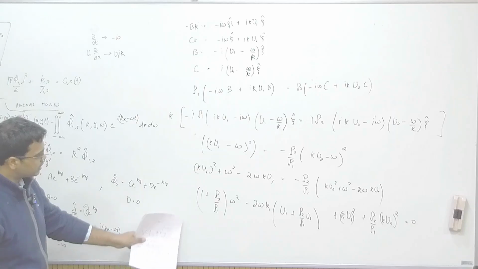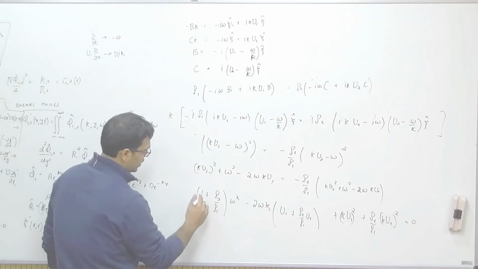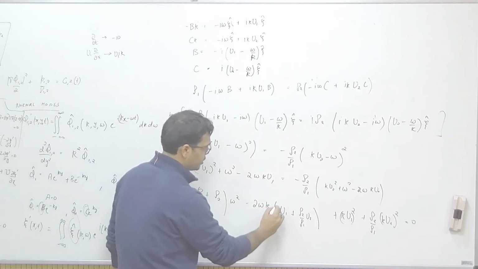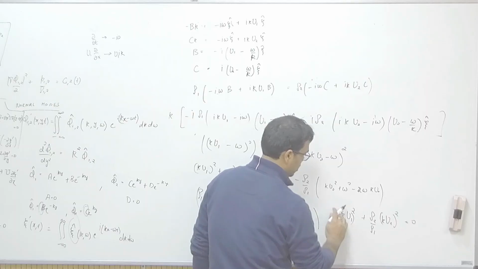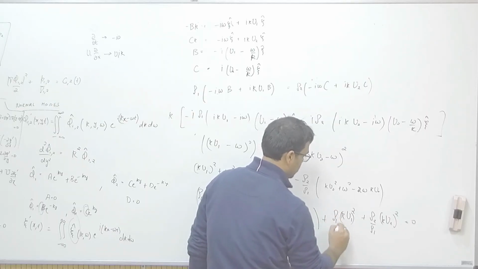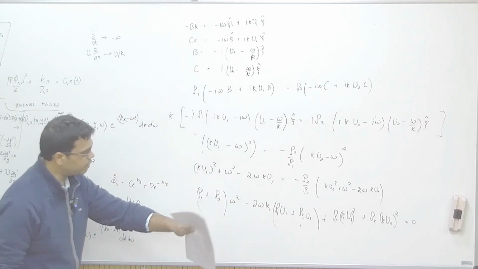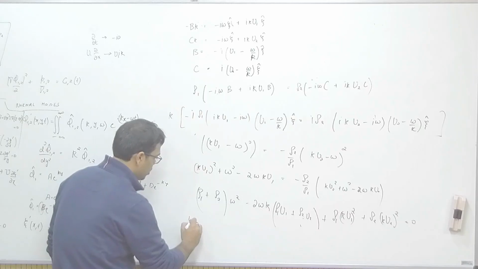So we can divide this whole thing. Let's first multiply it with rho 1 to get rid of this denominator, and let's divide it by rho 1 plus rho 2. So what do we get?